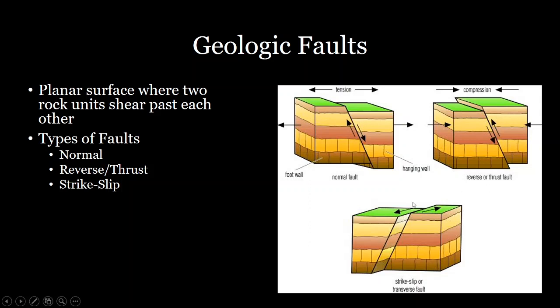And then there's strike-slip faults. Just like transform plate boundaries where you have two different rock units sliding past each other. So a strike-slip fault is just the singular line where that happens, the shear plane where two rock masses are sliding past each other, like you see here.